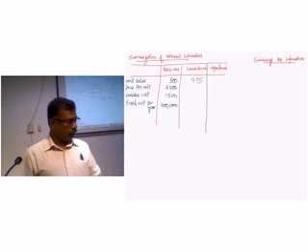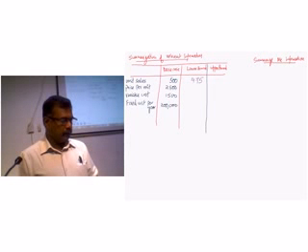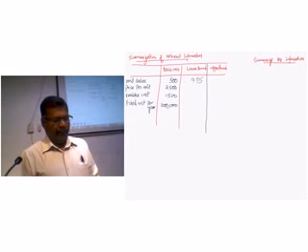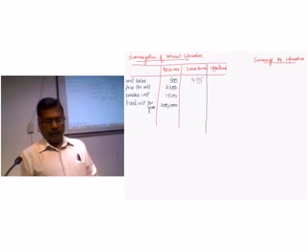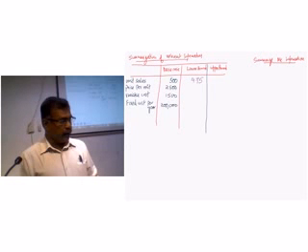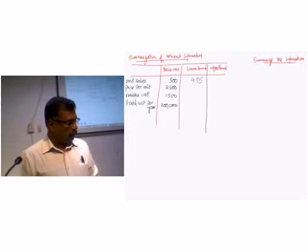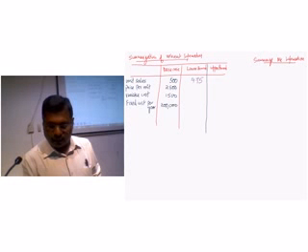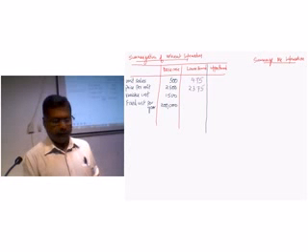So the lower bound means pessimistic. 5% of the unit sales is how much? 10% is 50, 5% is 25. So 500 minus 25 is 475.